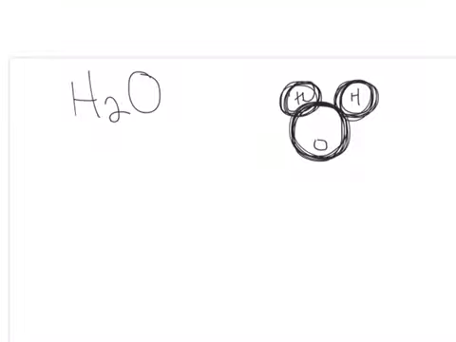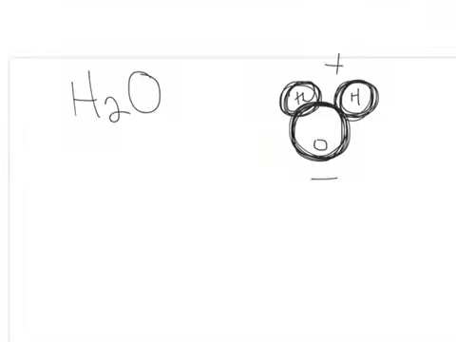Now it is the ear side of every water molecule, the hydrogens, that are positive, and the oxygen's side is the negative side. It's because of an unequal distribution of the electrons in that molecule that every water molecule is sort of like a magnet. It has a positive side and a negative side.